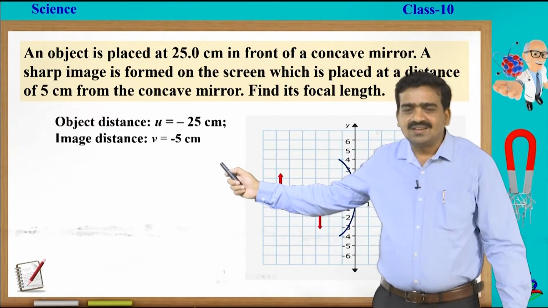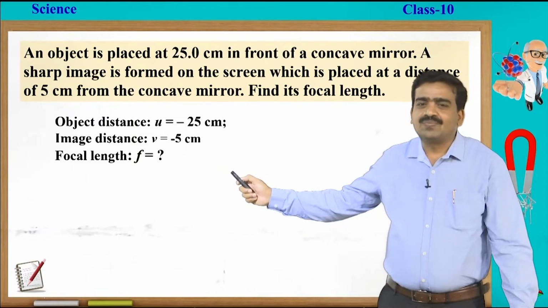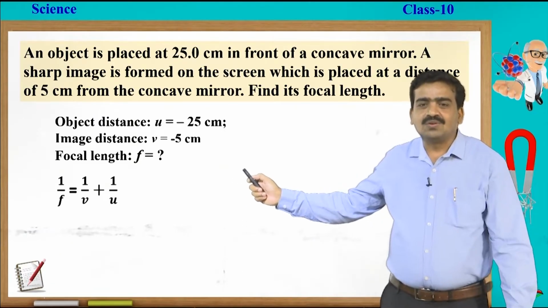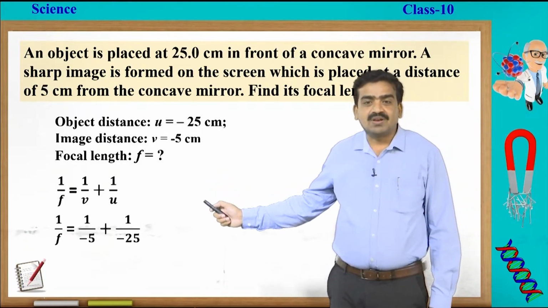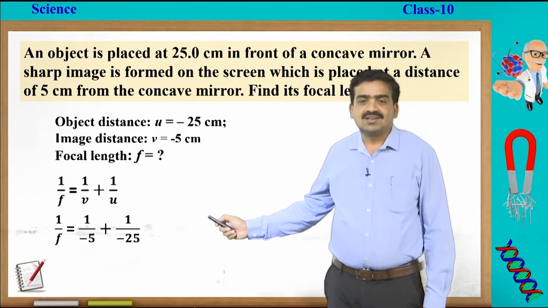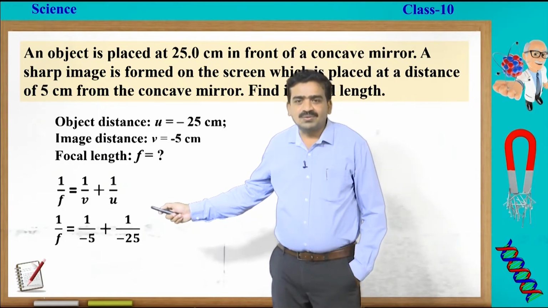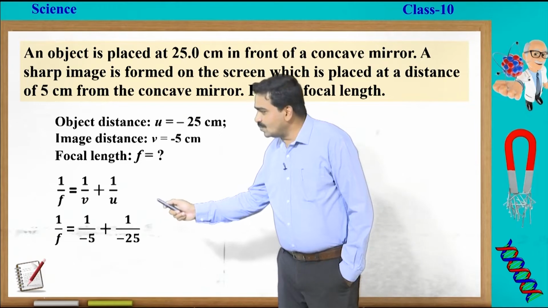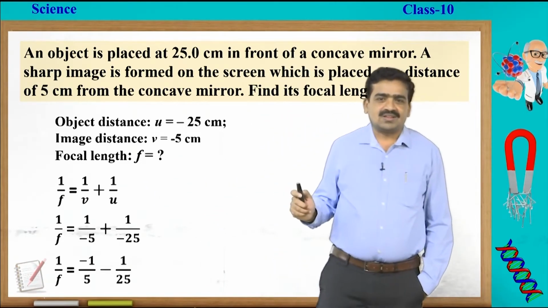image distance v is equal to minus 5. To calculate the focal length, we have to use the formula 1 over f is equal to 1 over v plus 1 over u. If we substitute the values for v and u like this, we will get this step. So, 1 over f is equal to 1 by minus 5 plus 1 by minus 25. Let us simplify further.